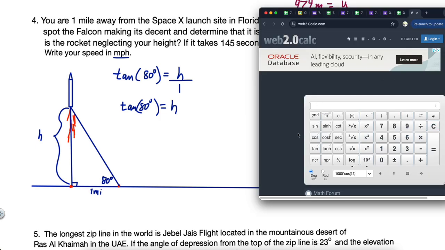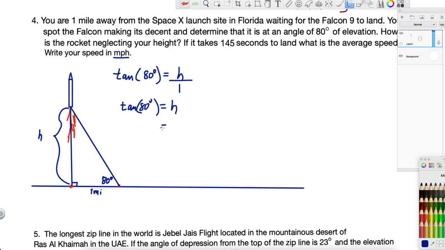If we multiply the 1 both sides, but I just could do tangent 80, and we get 5.67. All right, let's keep a couple of those decimals in there. 5.67, and that's miles, right? So it's 5.67 miles above the ground here.